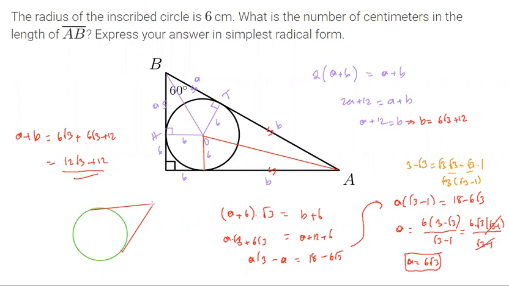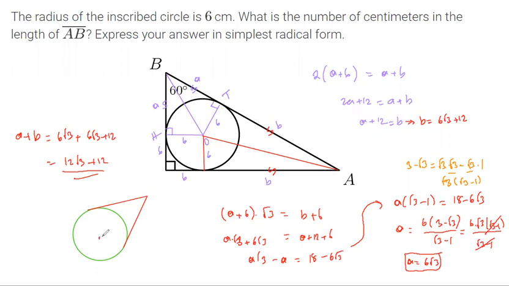So let's say this is a tangency point, and this is another one. I'm going to make it a bit better looking. So this is a tangency point and this is a tangency point.